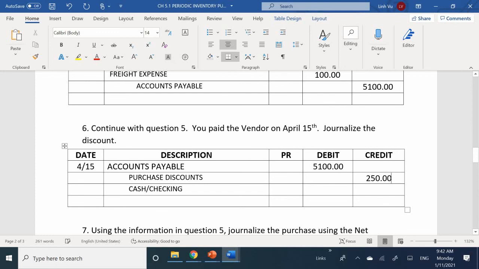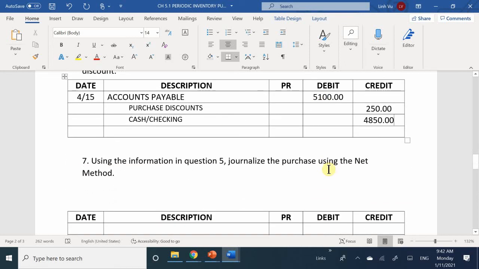So how much am I going to actually pay? 4,850. Yes, cash and checking. So you take your 5,000, you multiply that by your 5% to give you a total of 250. Subtract that from your 5,100, and you get $4,850. Good.